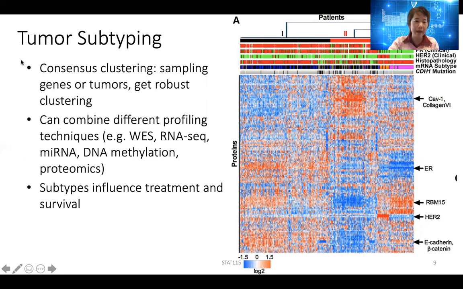Remember, consensus clustering is initially you can just take a subset of those genes and also take a subset of the tumors, and then you try to do k-means clustering, and then you ask, do 2 tumors get clustered together, co-occurrence matrix, whether they belong to the same cluster, and if so, you write a 1 in there.